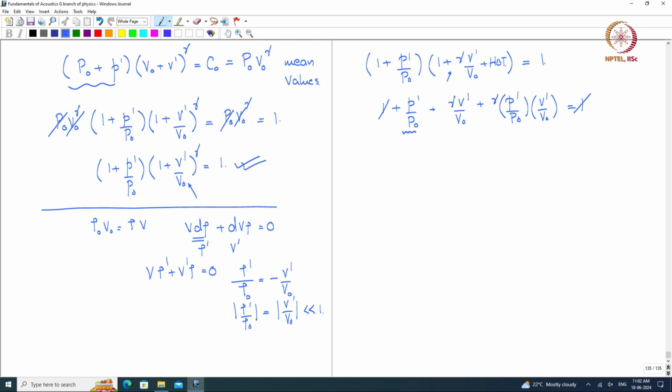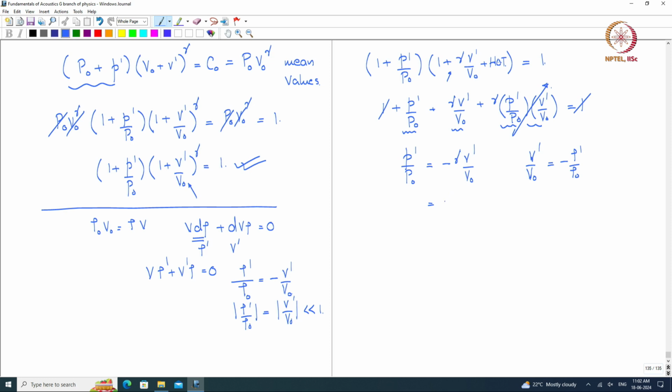This is a small term, this is a small term, this is a product of two small terms, so we ignore this in comparison. So I have P dash by P 0 is equal to minus gamma V dash by V 0, but V dash by V 0 is minus rho dash by rho 0.